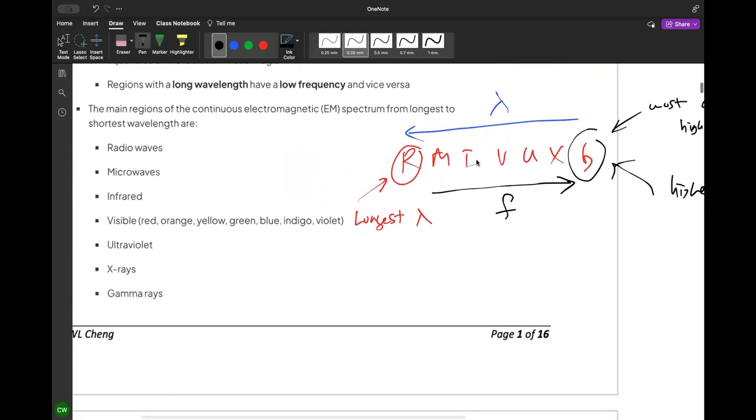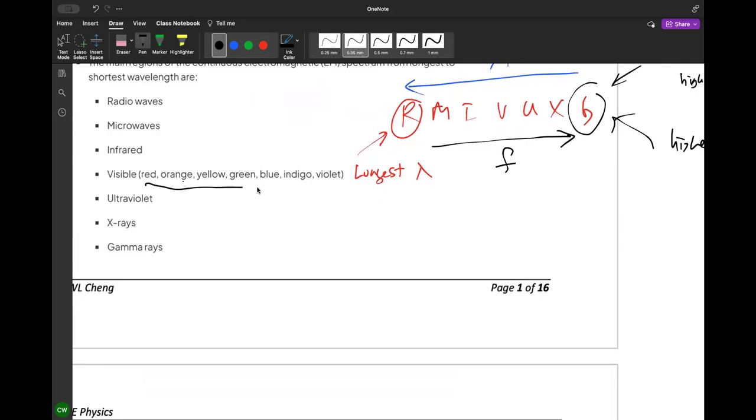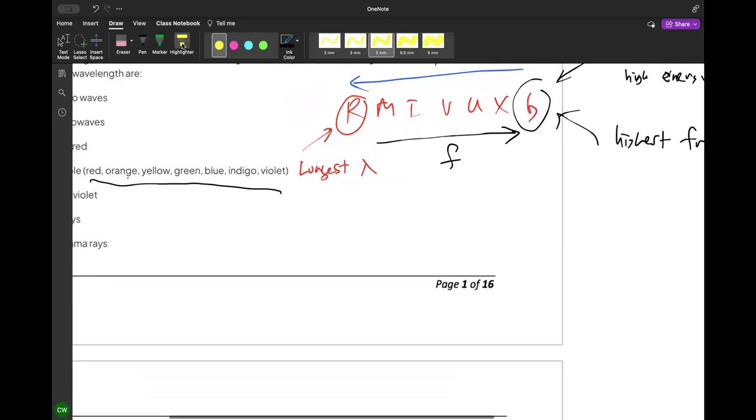Okay, so you also need to know about the color. Do you know the sequence of the color? Red followed by what? We have ROYGBIV: red, orange, yellow, green, blue, indigo, violet. Okay, this also we know already. So which one has the longest wavelength?